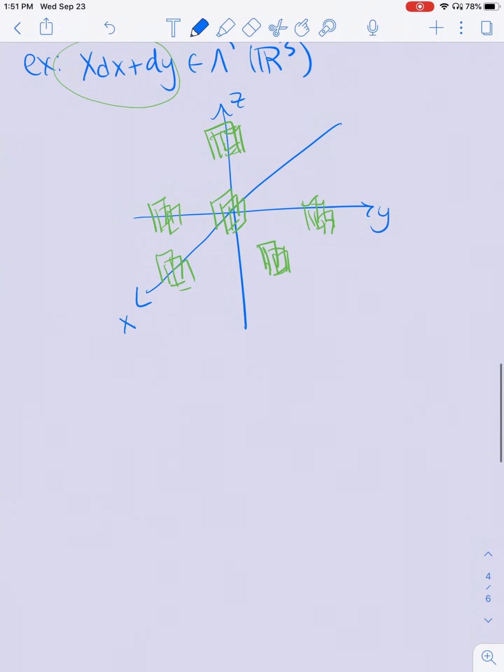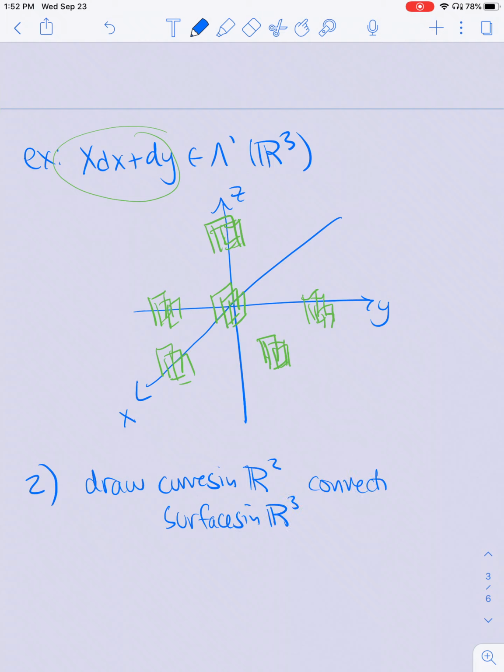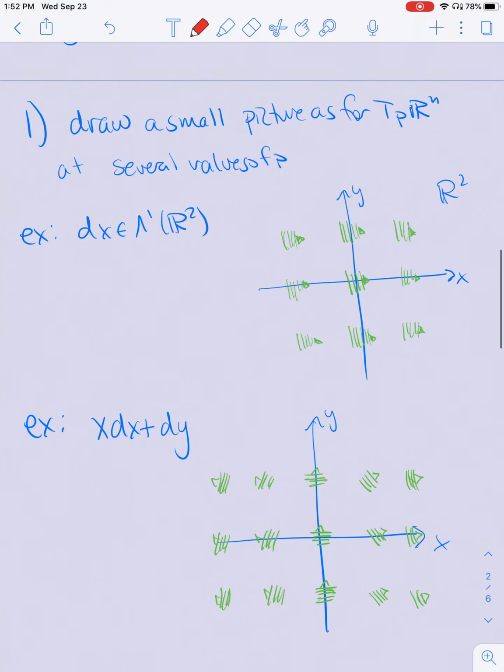So there's a second way, and this method can give you a little more information, because with this first method, I'm only seeing some set of points. So in this method, I want to draw curves in R2 or surfaces in R3 connecting all the alpha_p inverse of 0. So I'm just taking the 0 level set and connecting it.